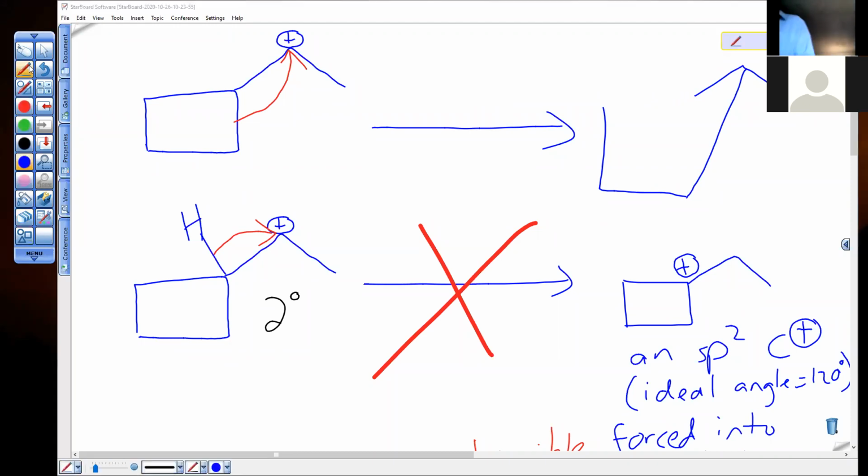All right, so let's do it here. That's a cation. He's saying you're not going to go from secondary to secondary. There's no reason to do that.